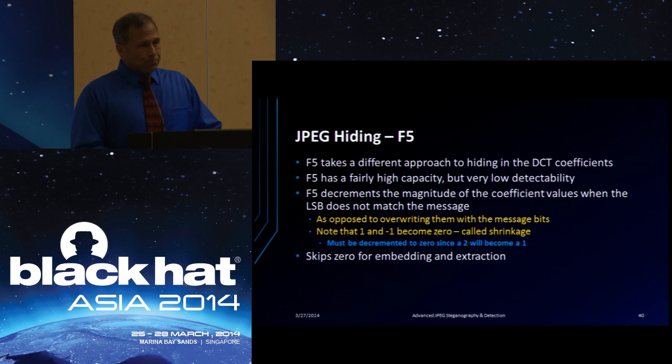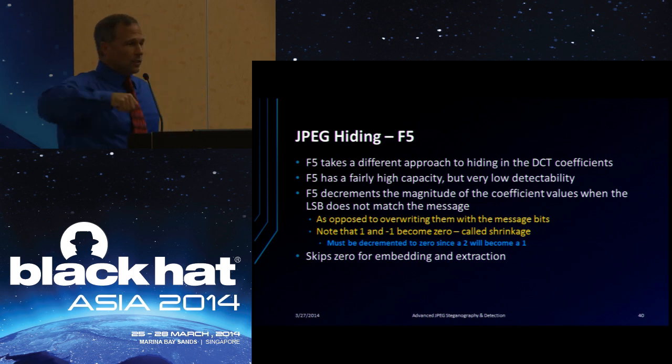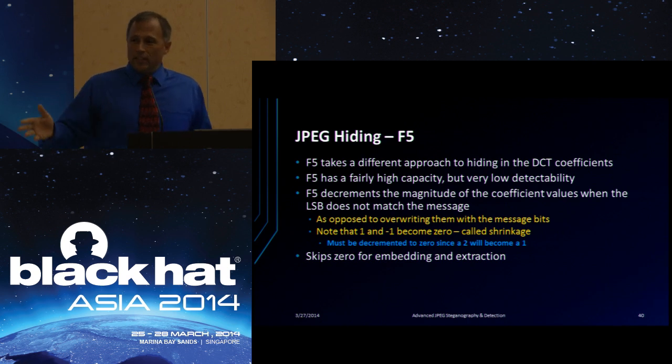So first of all, it hides in the bits, but it does not take the message bit and stuff it into the DCT coefficient. Rather, it looks at the least significant bit of the DCT coefficient and says, does that match my message? Of course, if it does, then you move on. If it doesn't, it subtracts 1 from that coefficient, from the magnitude.